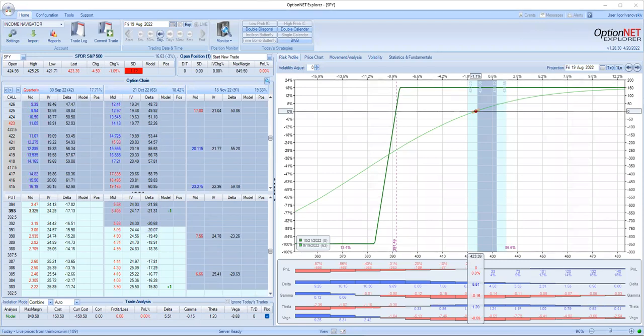If one put takes about $3,500, you have room to do 2.38 positions. Obviously, we can't do 0.38 positions. So it's either you do 2, or if you want to get aggressive, you do 3. And that's how you utilize that buying power. I don't think it makes any sense to go any higher than that.